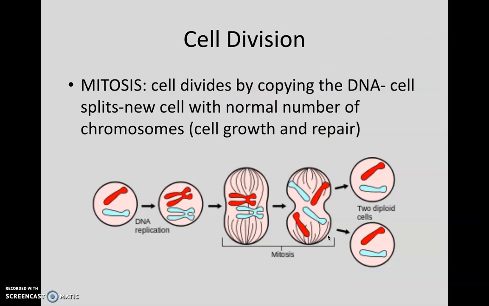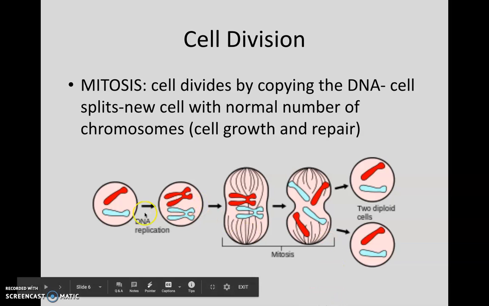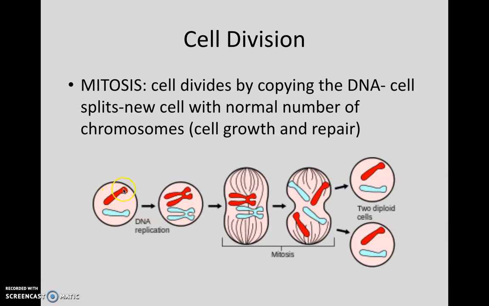Looking at cell division, we are going to cover two separate types: mitosis and meiosis. The first one is mitosis. This is when the cell divides by copying the DNA and splitting into a new cell with a normal number of chromosomes. We can see our DNA replicating, going from one strand of our red chromosome and one strand of blue chromosome to completing that pair.